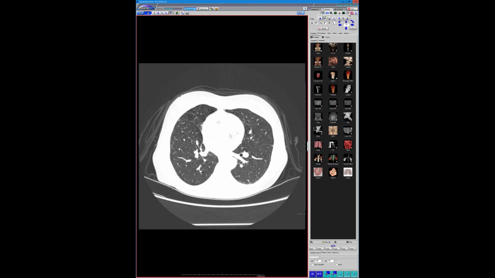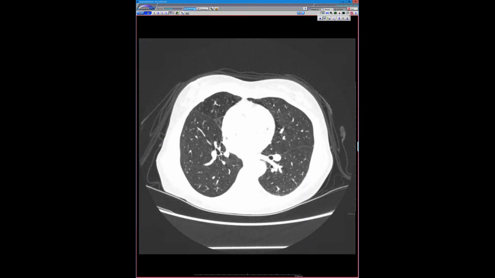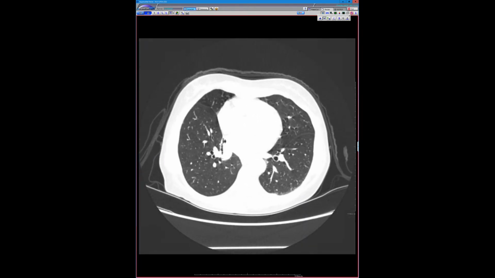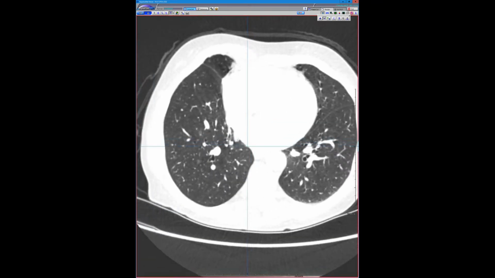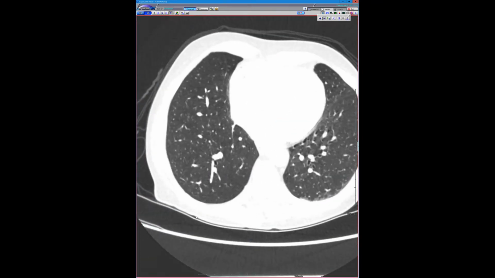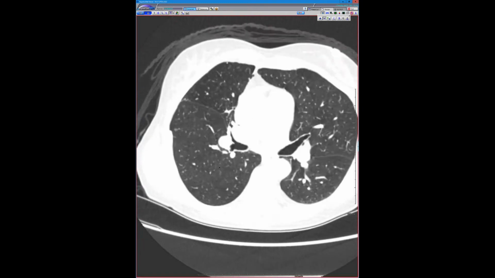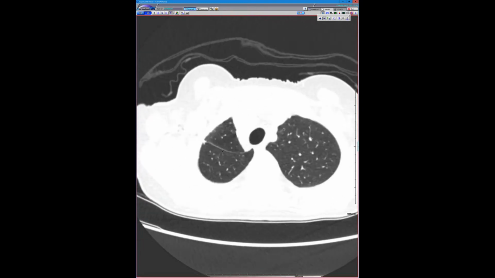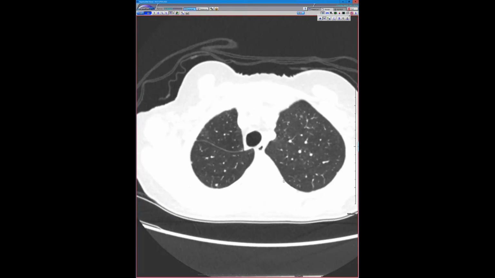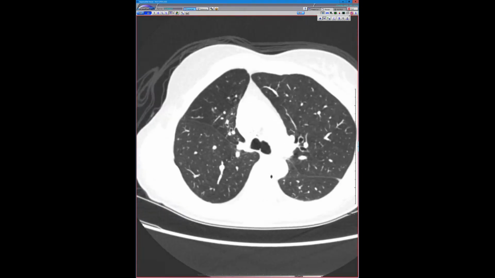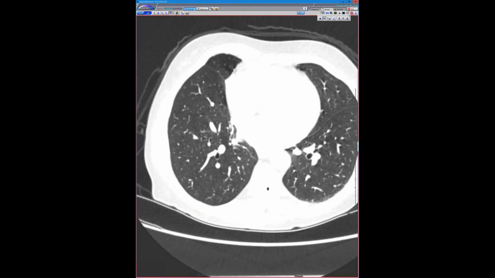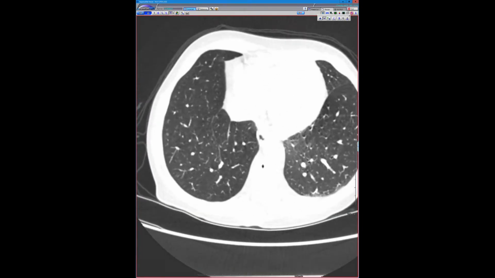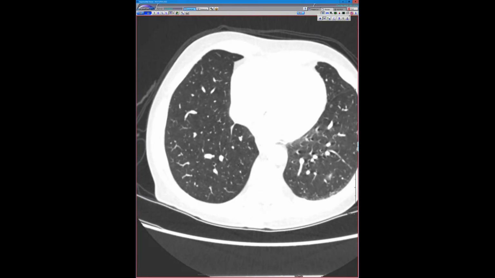We've been following her for years, and the ground glass nodules are mostly unchanged. Here's a nice one with the Cheerio. But some of these other nodules are growing a little bit, and there's one down here somewhere that's probably on the adenocarcinoma spectrum.